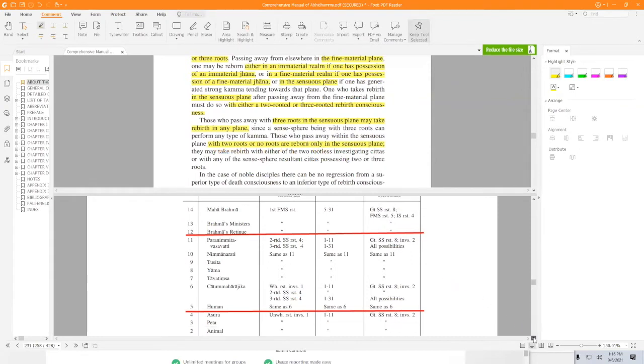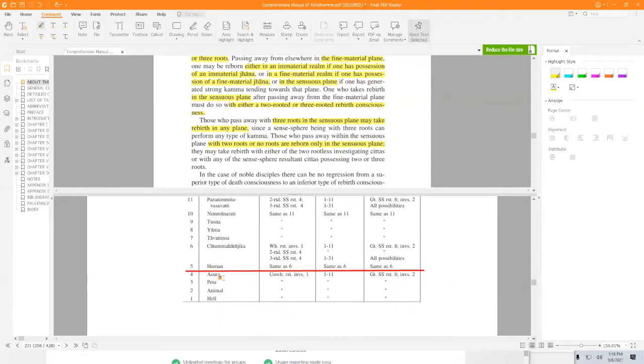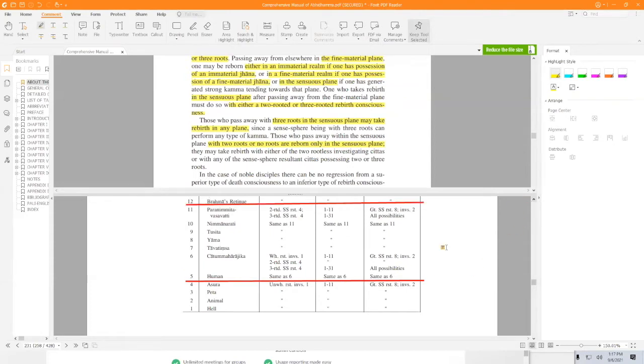Okay, then those who pass away from the bad destinations, they can take rebirth in any place within the sense sphere realm of existence. They can be reborn elsewhere within the bad destinations, or else they can rise up to the human realm or into the sense sphere heavenly realms.